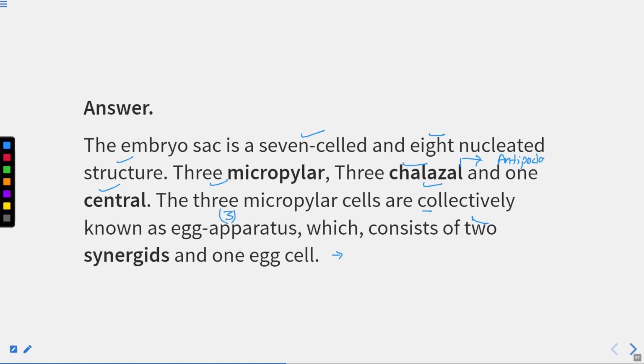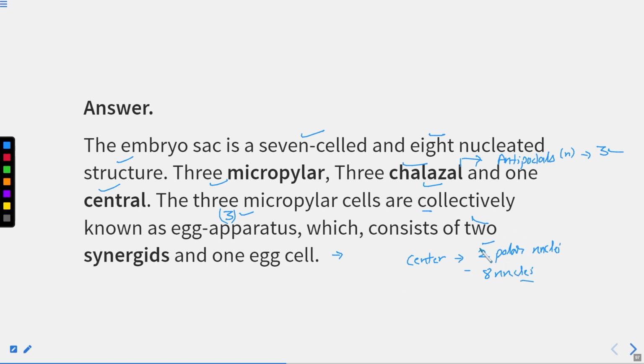These antipodals are also haploid and they are 3 in number. And in the center, what is present? In the center are 2 polar nuclei. So 3 plus 3 is 6 plus 2 means 8 nuclei. 8 nuclei are present, but what happens later?